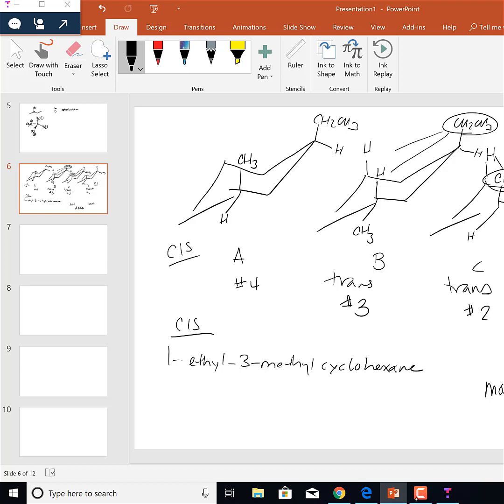And in this case, because it's 1,3, they're not only going to have 1,3 diaxial interactions with hydrogens, they're going to have them with themselves. That's going to be a huge issue. So, the bigger the group, the more unstable when you put it axial.